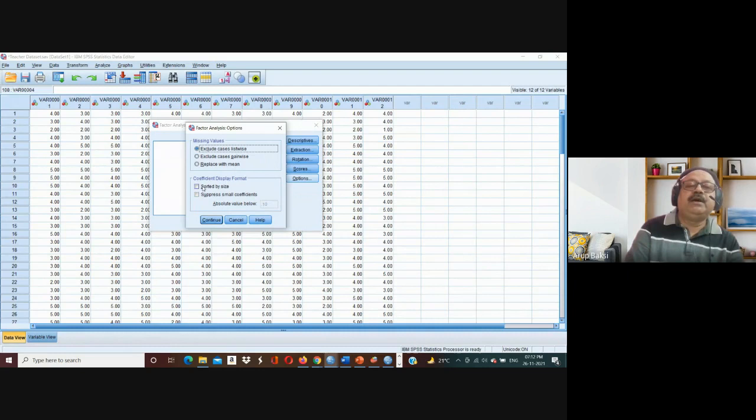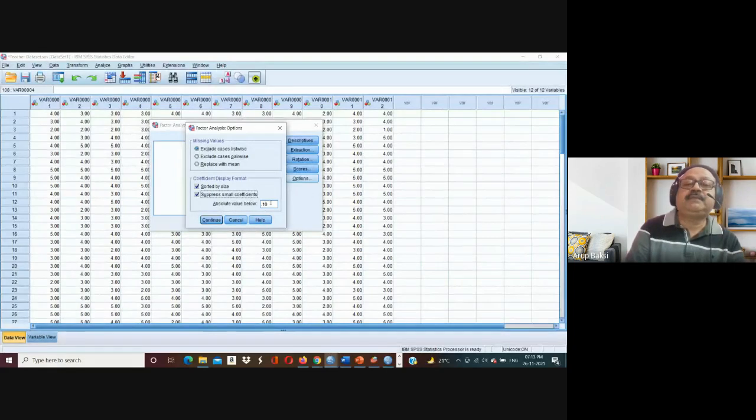So over here, in the coefficient display format, number one, I need to sort it by size so that it looks nice. And the second one is suppress small coefficients.